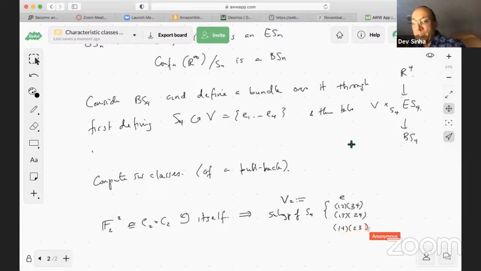So that's explicitly the subgroup of the symmetric group on 4 letters.